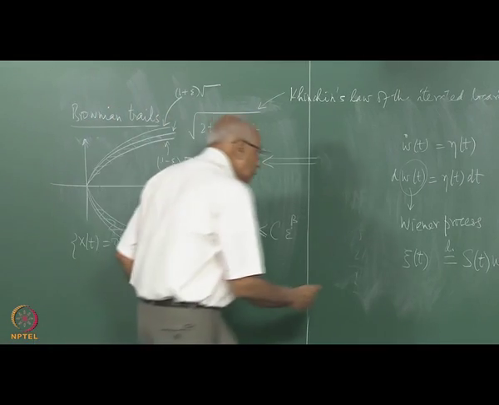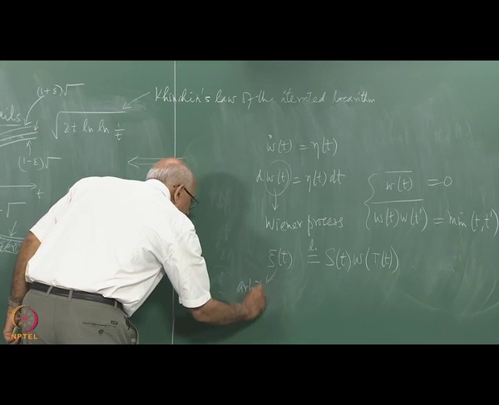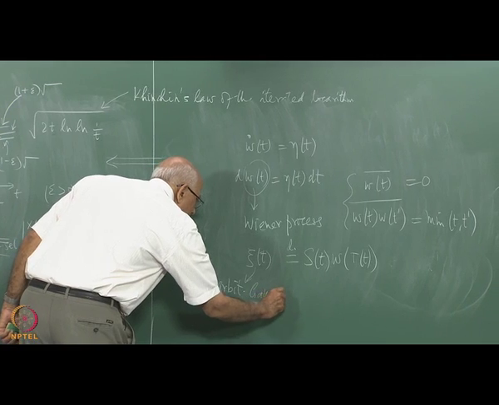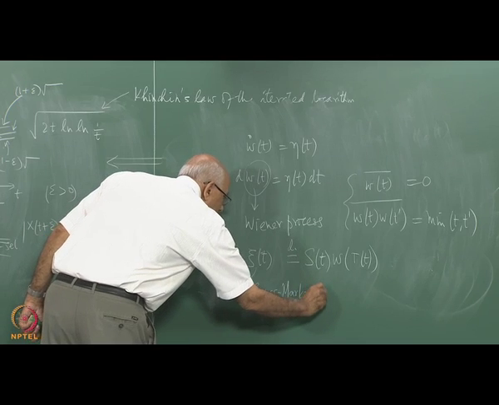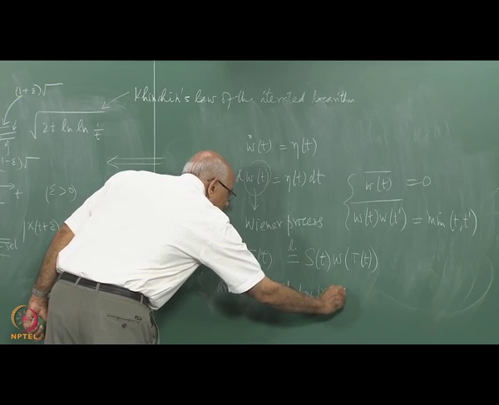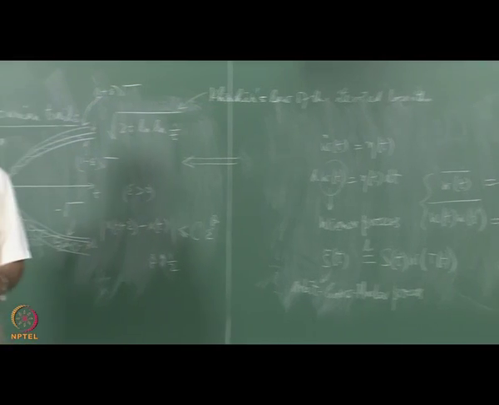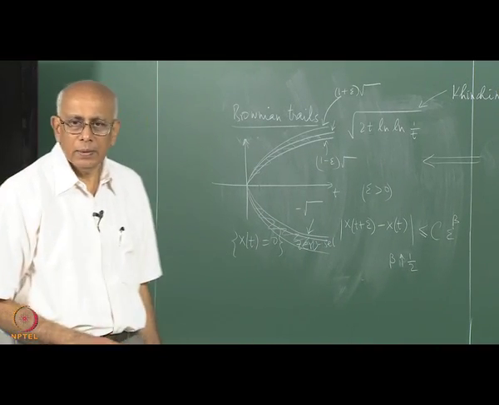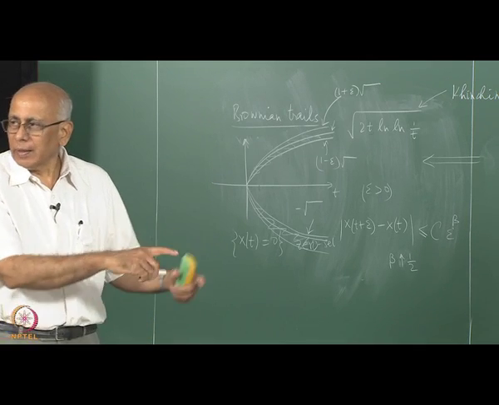So this is an arbitrary Gauss Markov process, and you can always write it as a Brownian motion in some other variable. Okay. We will see an explicit illustration of it.